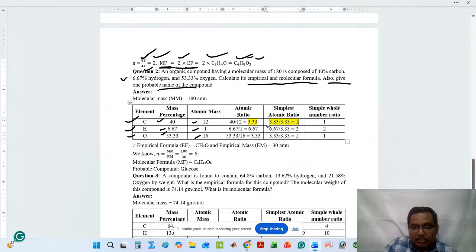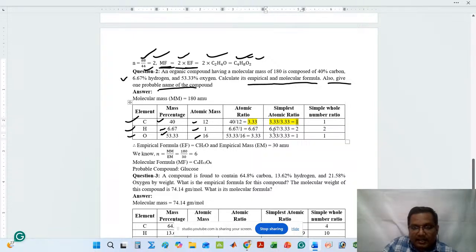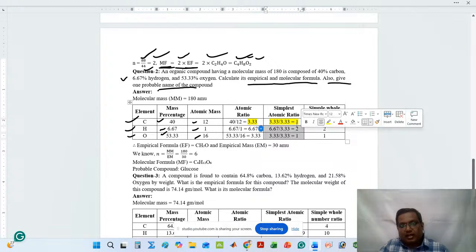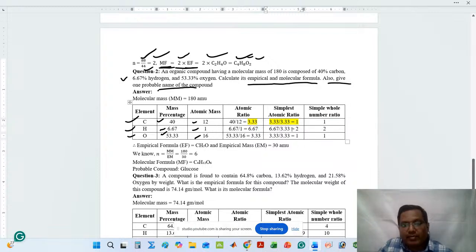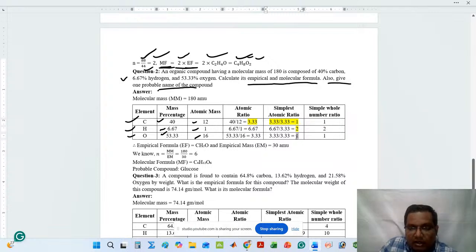Next is 6.67 divided by 3.33, that is equal to 2. Here the value is 1. Next I can write here 3.33 divided by 3.33, that is equal to 1. Look at that. Here the simplest atomic ratio is what? 1. Next is 2. Next is 1.